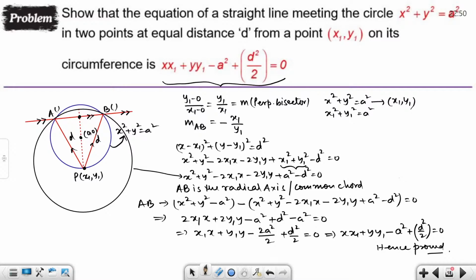The moment it passes through A and B, we can see now we are having two circles, and AB is nothing but the common chord, or we can say radical axis of these two circles. So from there, simply by subtracting two equations of the circle, we got the equation of the radical axis, which is nothing but our AB in this case.